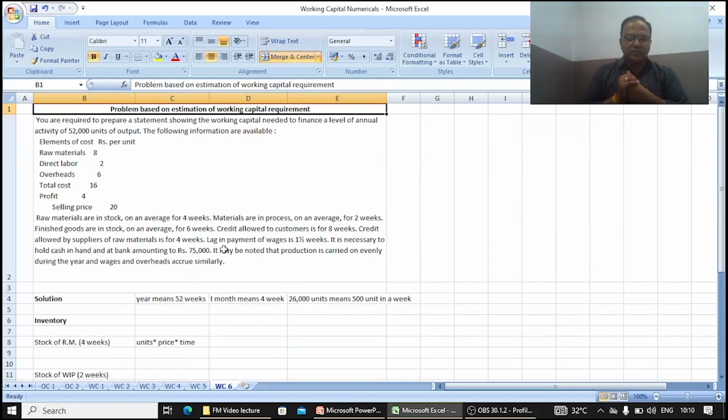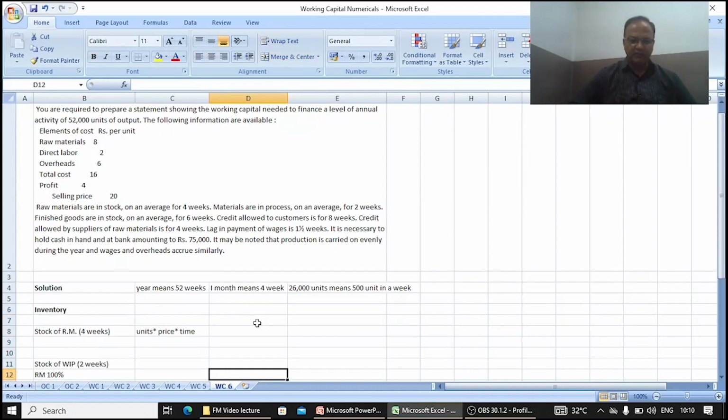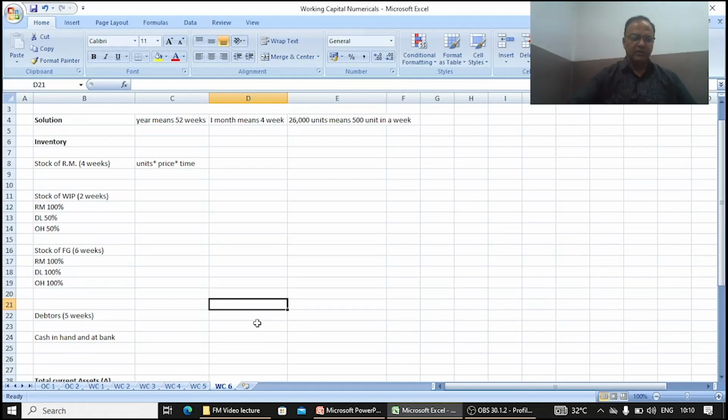Credit allowed to customer 8 weeks, credit allowed by supplier of raw material 4 weeks. Debtors 8 weeks and creditors 4 weeks.